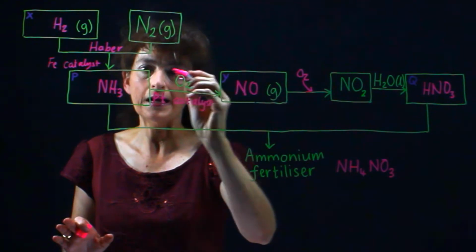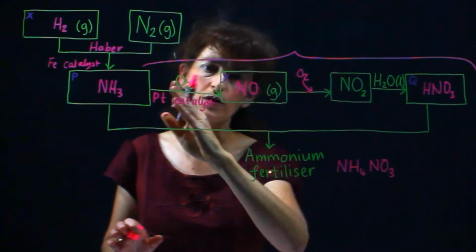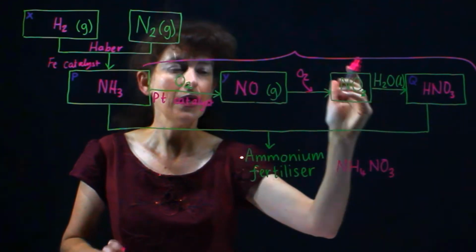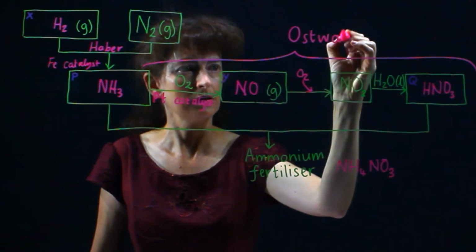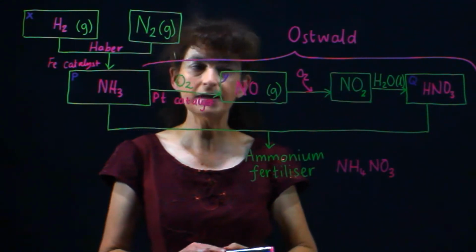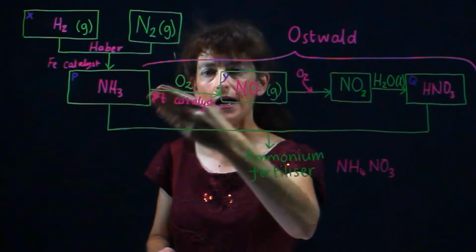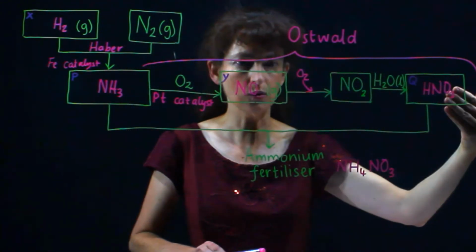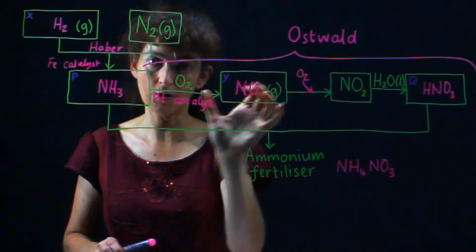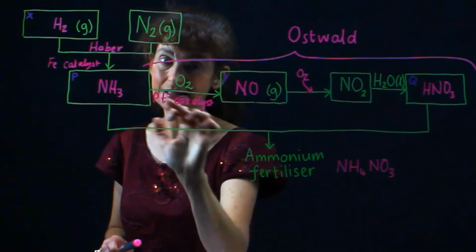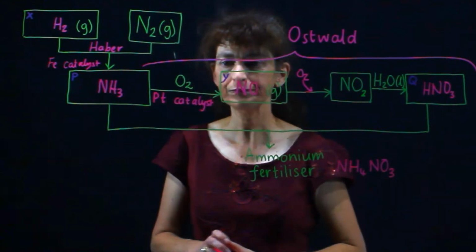Although it's not asked here, this entire process, which has 3 steps in it, is called the Ostwald process. The Ostwald process produces nitric acid from ammonia, oxygen, and water. And the first step in the Ostwald process is the one which needs the catalyst, the catalytic oxidation of ammonia.